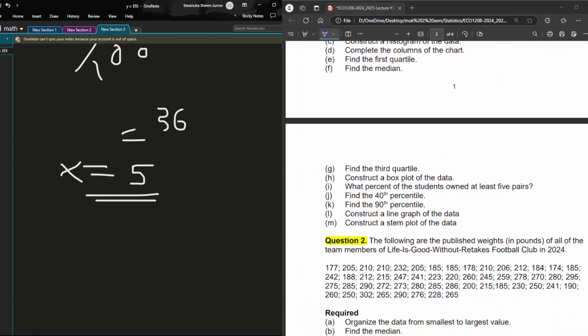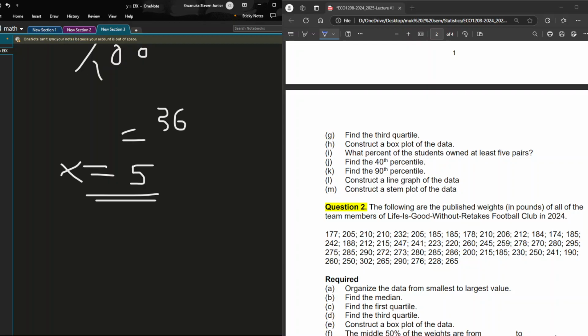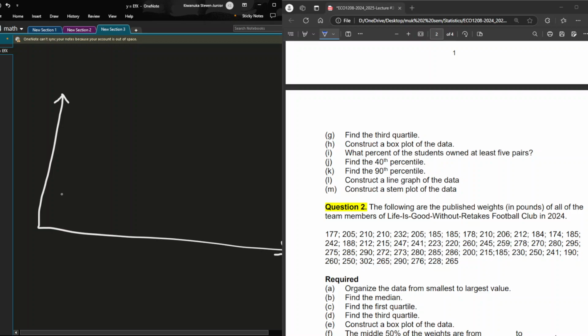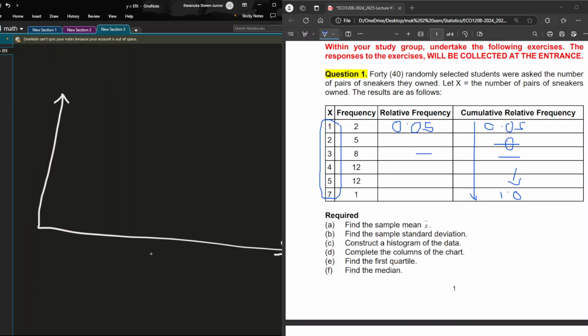We are instructed to construct a line graph and a stem plot of the data. Line graph, I believe you are very confident with. I'm just going to give a simple sketch, though this was not really the gist of the matter. The line graph will have the x values here, from 0, 1, 2, 3, 4, 5, 6, and 7.